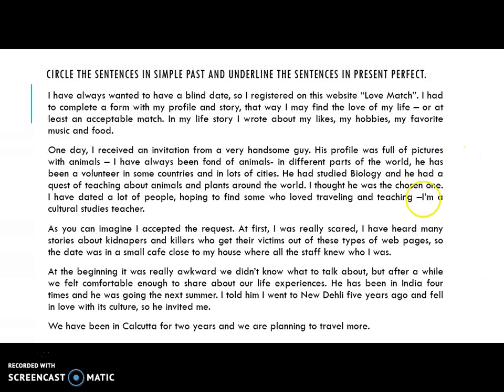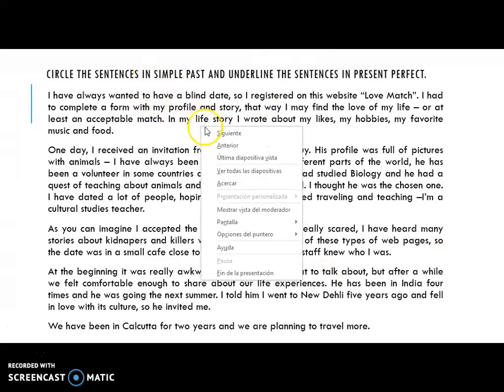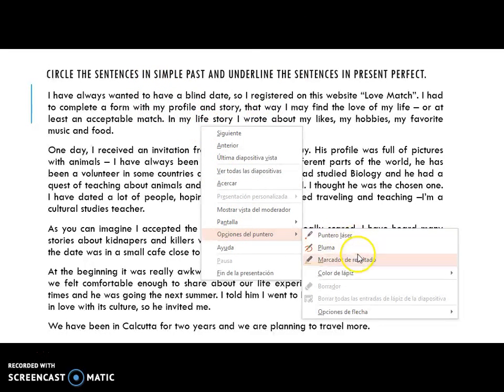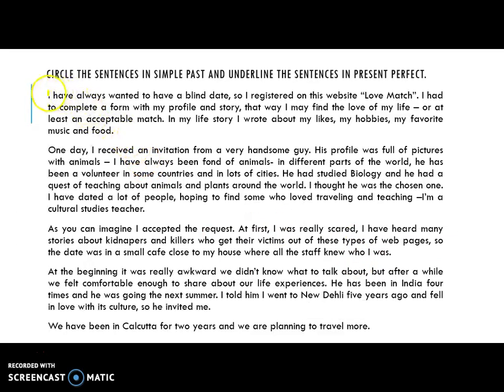All right. So, let's identify some examples of simple past first. There are many examples, right? We have I registered. Right, simple past, good. I had. I received. Was.